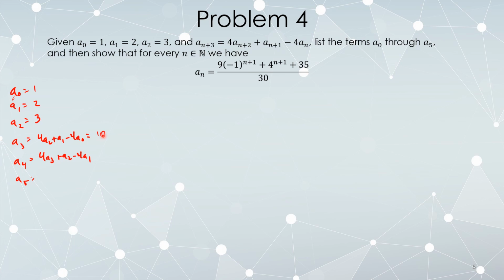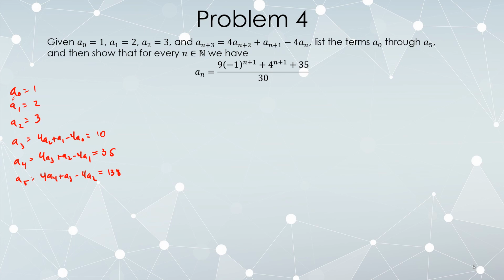So 4 times 10, 40, plus 3, 43, minus 4 times 2, so 43 minus 8, 35. Then 4a4 plus a3 minus 4a2. 4 times 35 is 140, plus 10, 150, minus 4 times 3, so 150 minus 12 is 138. Okay, so these are doable. It's going to start getting worse from here, but thankfully this is where we're allowed to stop.